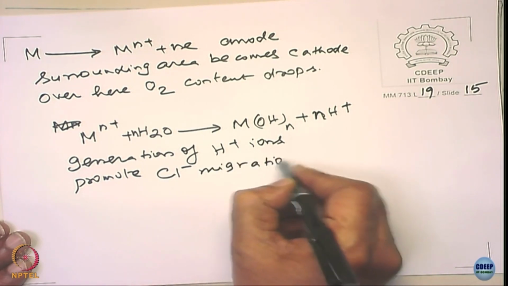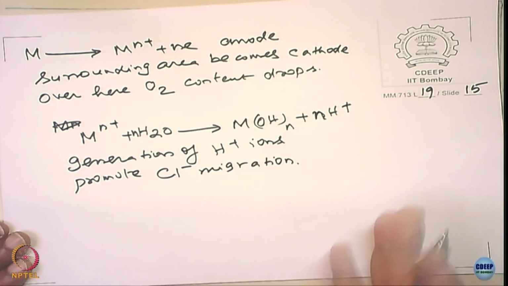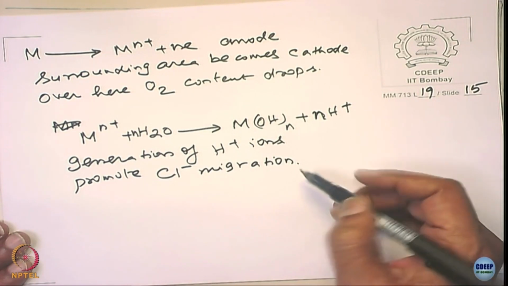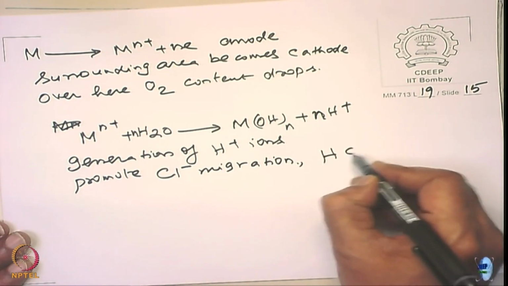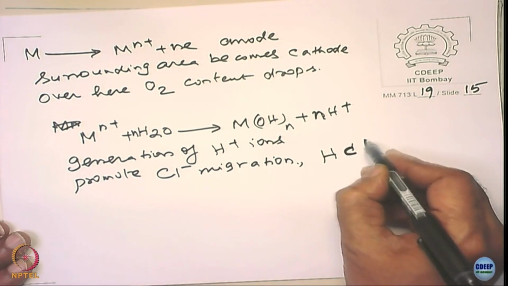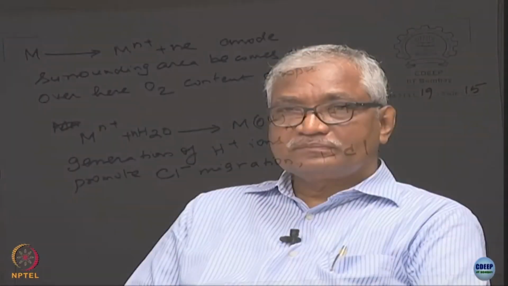Chloride or maybe iodide or whatever, depending upon the anions present in the electrolyte, can migrate to this and can form hydrochloric acid. It is somewhat similar to crevice corrosion formation, am I right? Now the question is, when will the pit be stable?